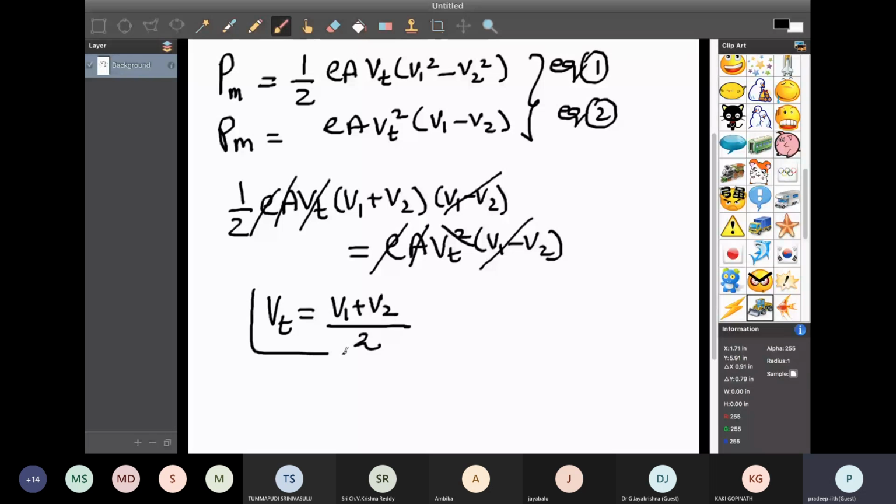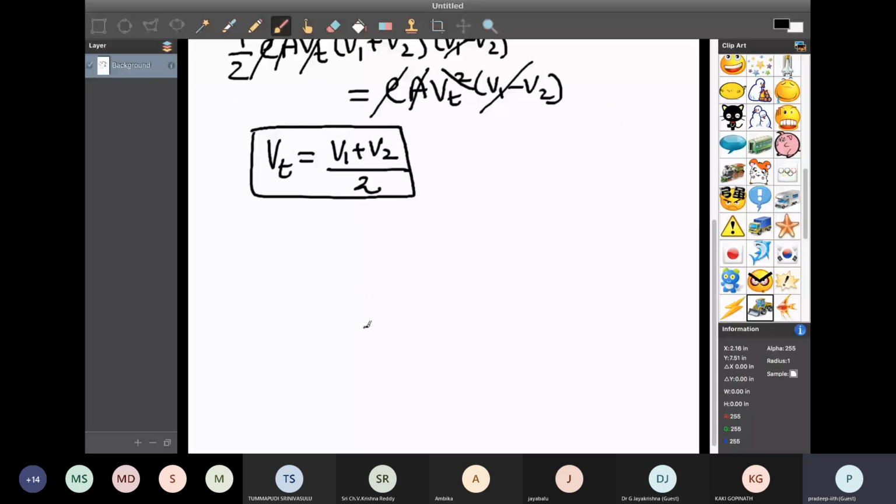So this is again a very intuitive and very interesting finding. What we got here is, again I draw the small turbine. Here wind velocity is V1, here wind velocity is V2, and in between the wind velocity is Vt, and mathematically this is nothing but the average of V1 and V2.